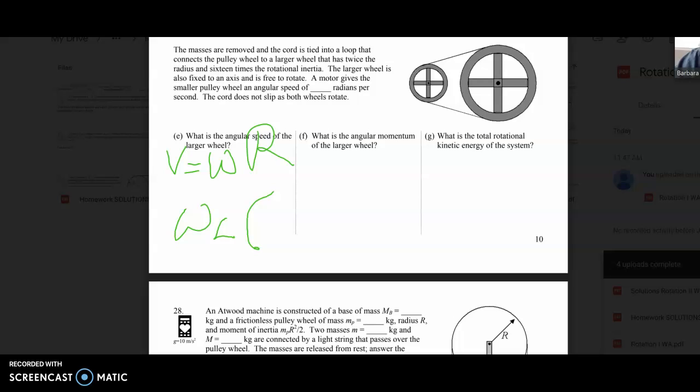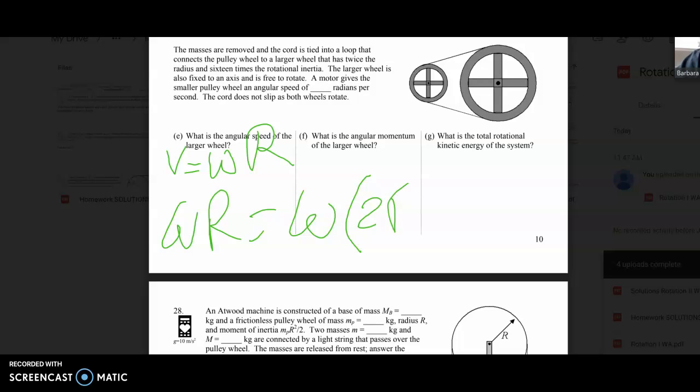So I would say omega R equals omega 2R. Trying to remember, the big one must be twice the little one. Is that what it is? Do they tell us that? I'm looking. Pulley of radius R. Masses are removed, tied, connects the pulley to a larger wheel that has twice. Okay, so 2R is the big one, right?